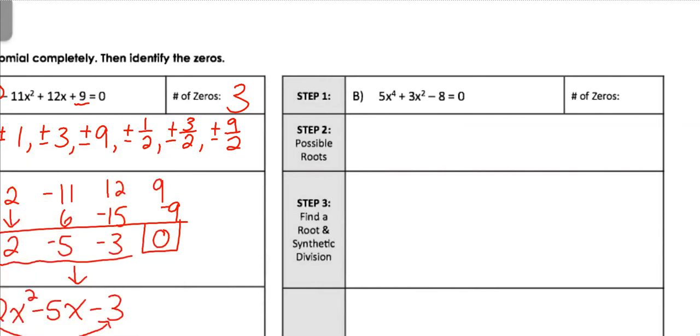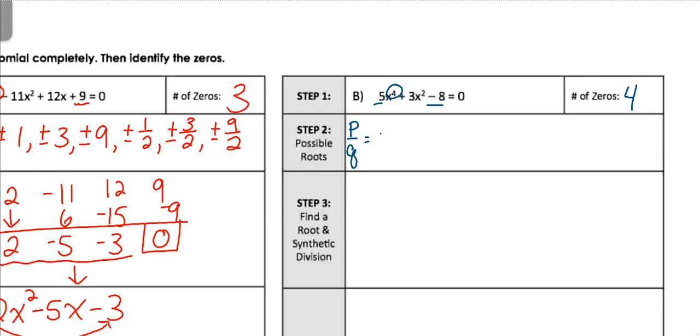So for this 4th degree polynomial, we know that we're going to have 4 zeros. So let's go through all of our possible roots here. So this one, we are looking at the factors of -8 and dividing them by the factors of 5. So one of the factors is 1.